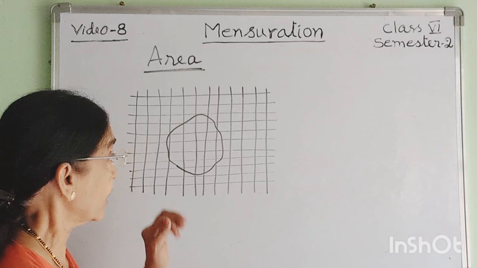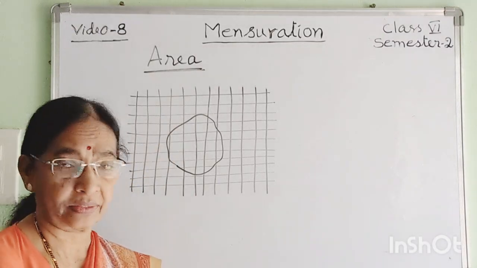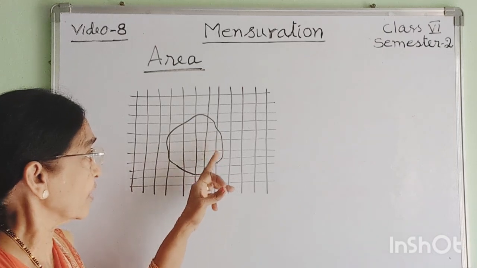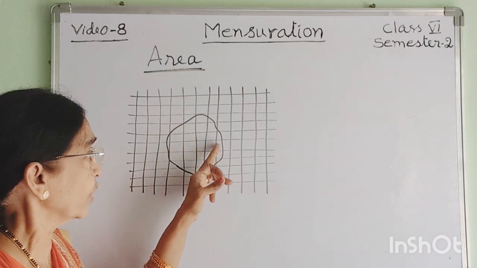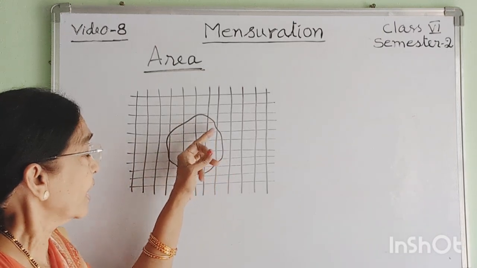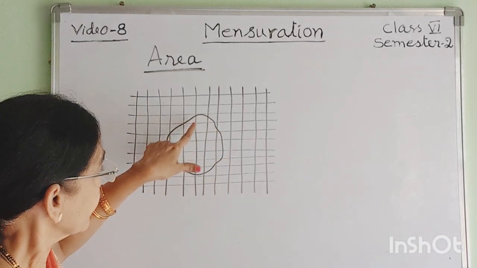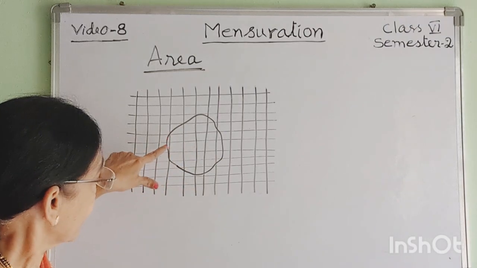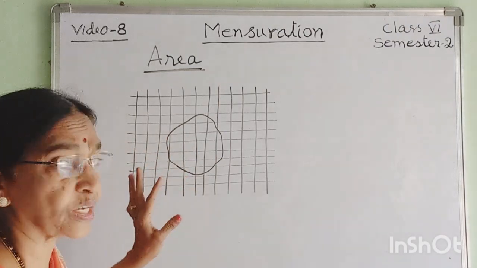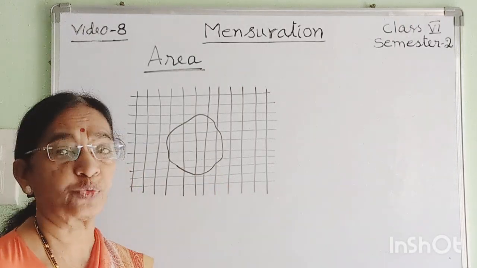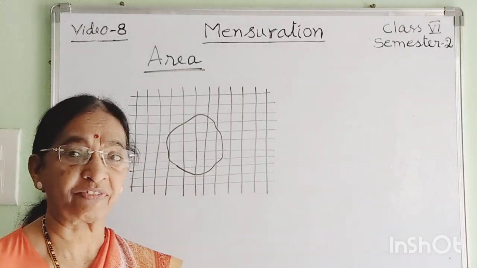But here all the squares are not full squares. This occupies only a part of the squares. Here the part is less than half. Here it is exactly half. Here it is less than half. Here it is greater than half. So we can't estimate it as it is.